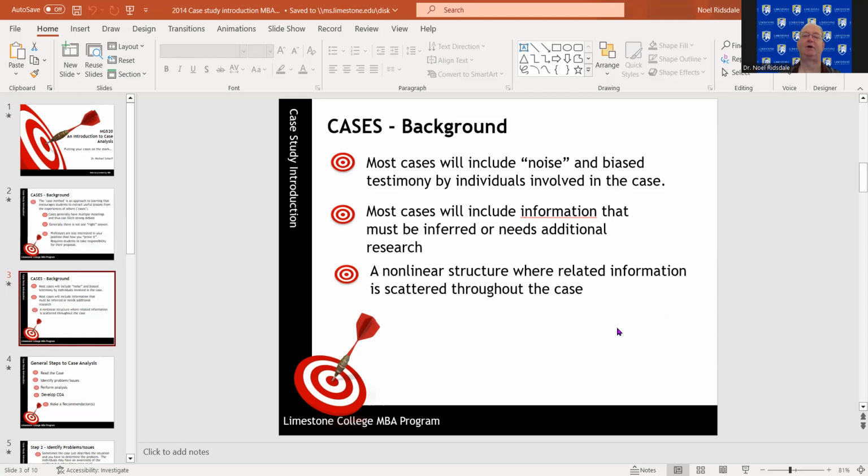This is also not always a linear thing. In other words, you're not going to be able to read this and go, okay, this is where my problem is. There's going to be stuff sprinkled throughout the case that you're going to need. So make sure you're looking at the whole body of work.